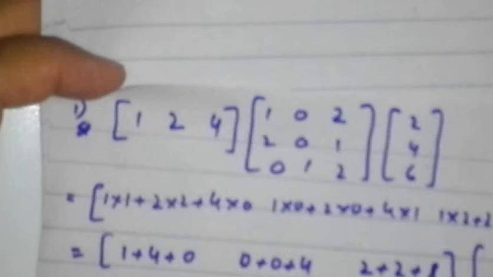First row with second column, 1 into minus 1 plus minus 2 into 2 plus 3 into 5.